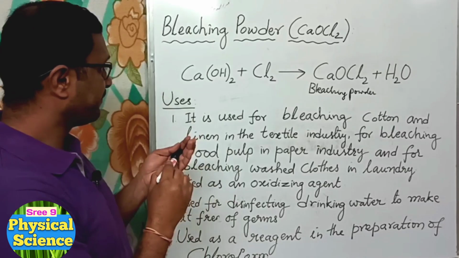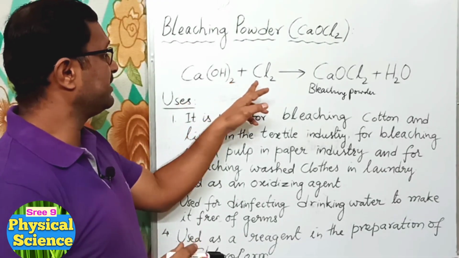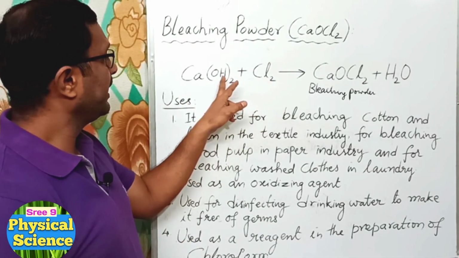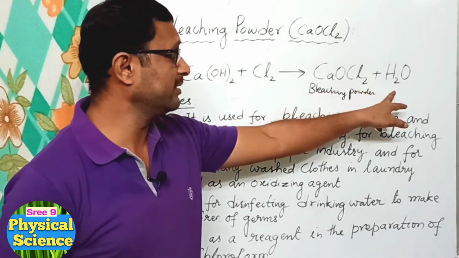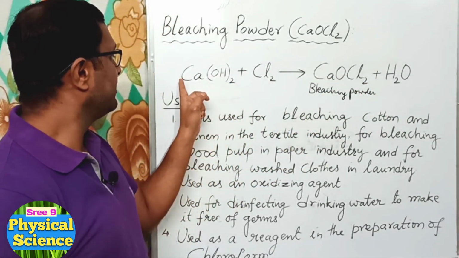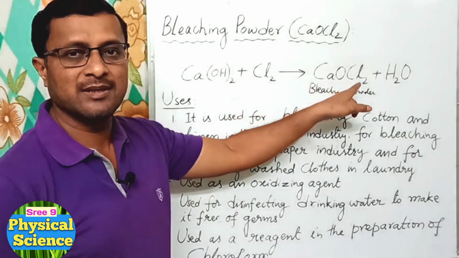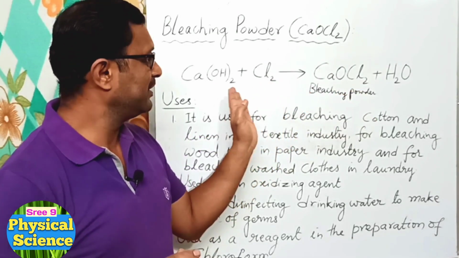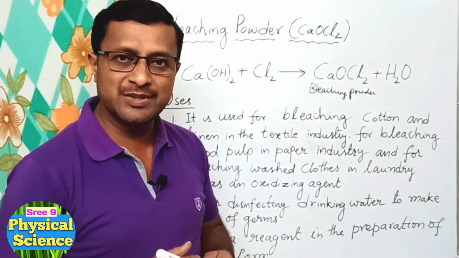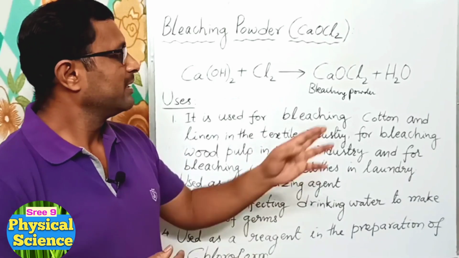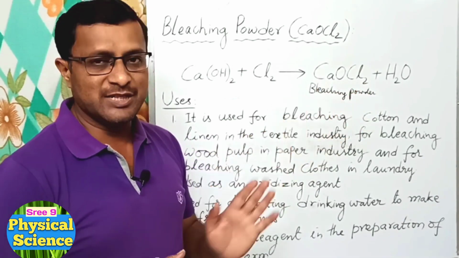So here, Ca(OH)2 plus Cl2. What is happening? H2O goes out and one O remains, so CaOCl2 is produced here. This equation shows the production of calcium oxychloride, that is bleaching powder.